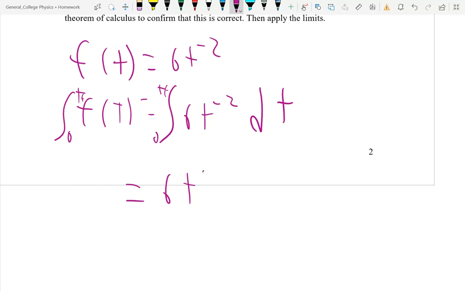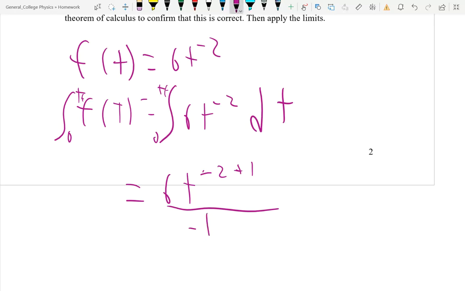If you're adding to the power, we still start with writing the minus 2, and then you're adding 1, so plus 1, over, because you're dividing by the new power. The new power will be minus 2 plus 1, which is minus 1. So basically it's minus 1.